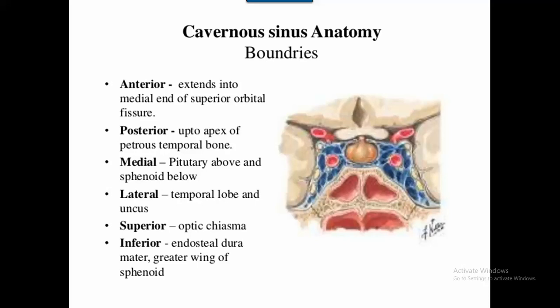Medially is the pituitary gland. Laterally, the temporal lobe, separated from it by the dura. Superiorly, look, the optic chiasma and the meningeal layer of dura.